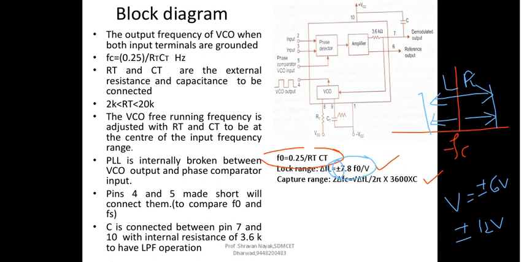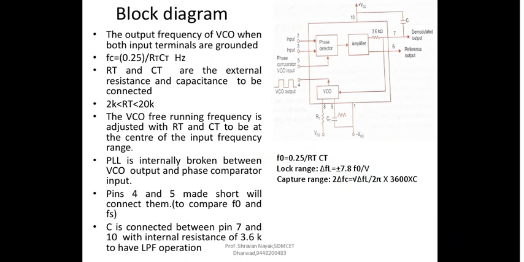So similarly, the capture range, right? All these things have got their own derivations. Anyway, we are not going into the derivation part of it. So now if you look at the capture range here, this is given by 2 into delta FC, where delta FC is the capture range. 2 into delta FC is equal to root of delta FL divided by 2 pi RC.